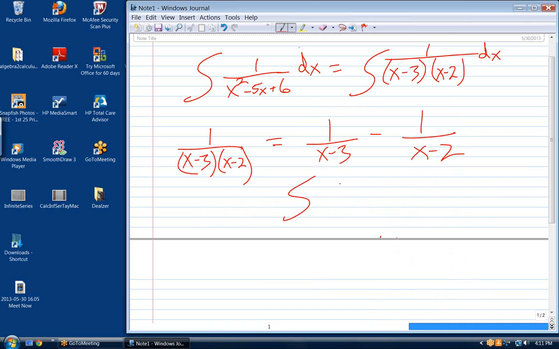I've got the integral of 1 over x minus 3 dx minus the integral of 1 over x minus 2 dx. What is this integral? X squared. Wait. Let's see.